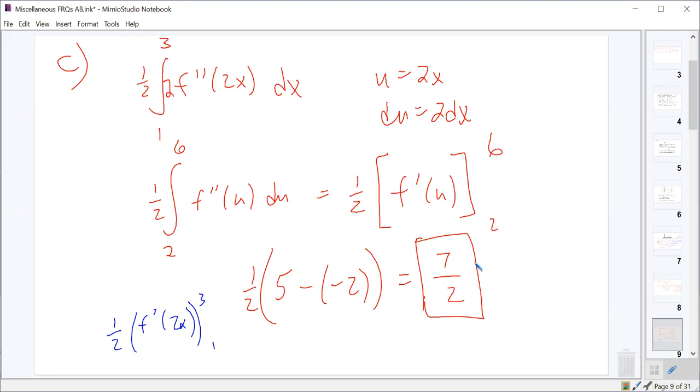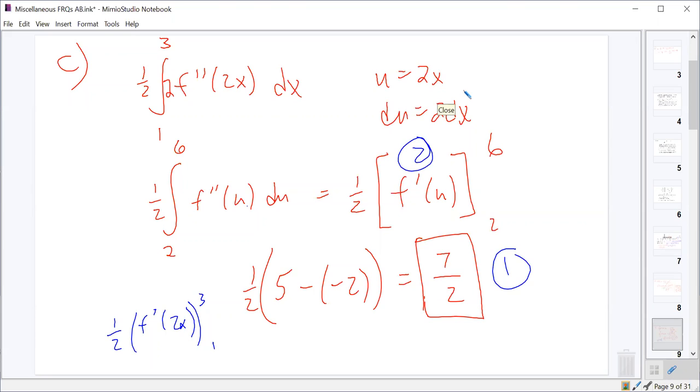That was worth 3 points, 2 points for having the right antiderivative sort of thing there, and 1 point for the answer. No, you don't have to show the u substitution.